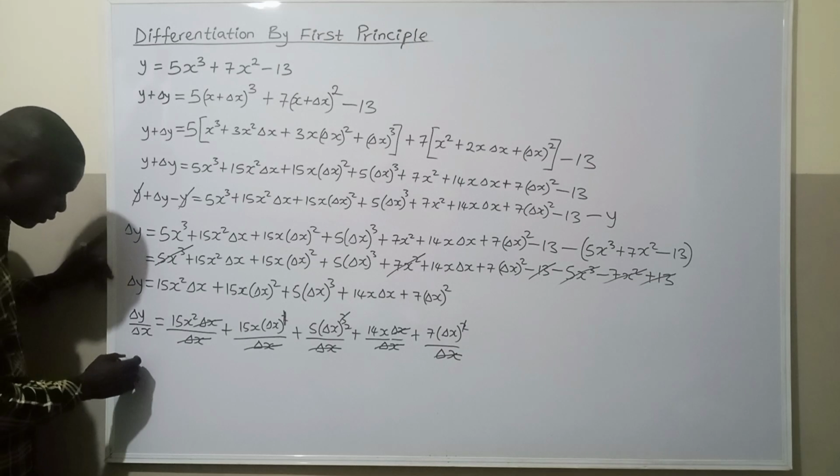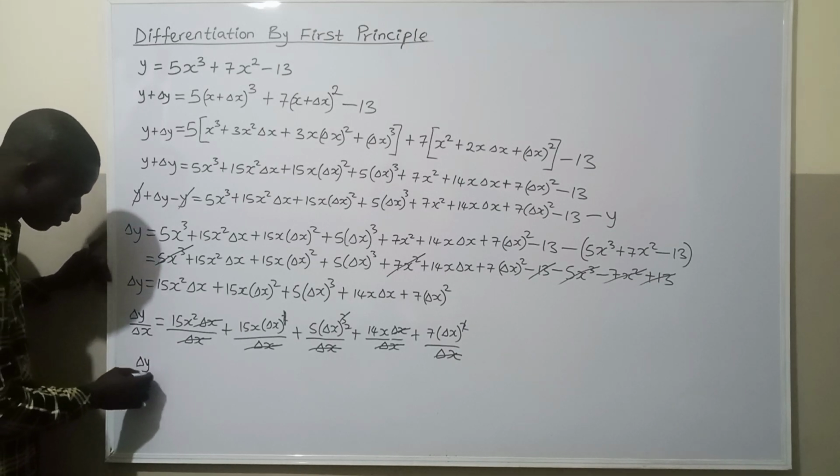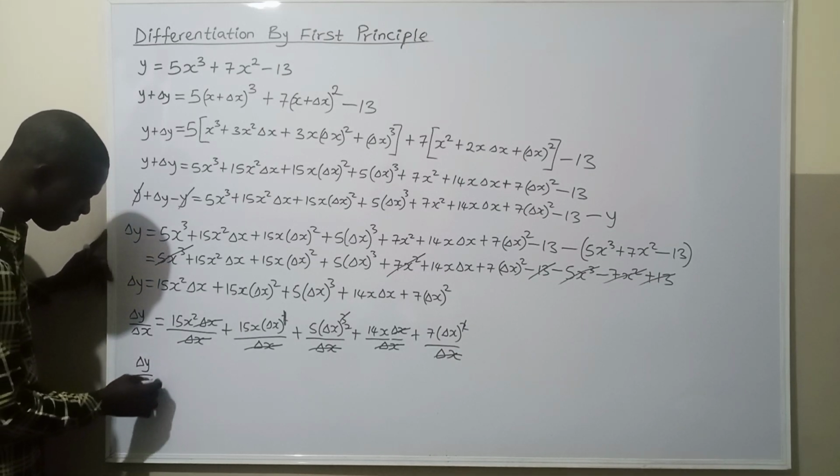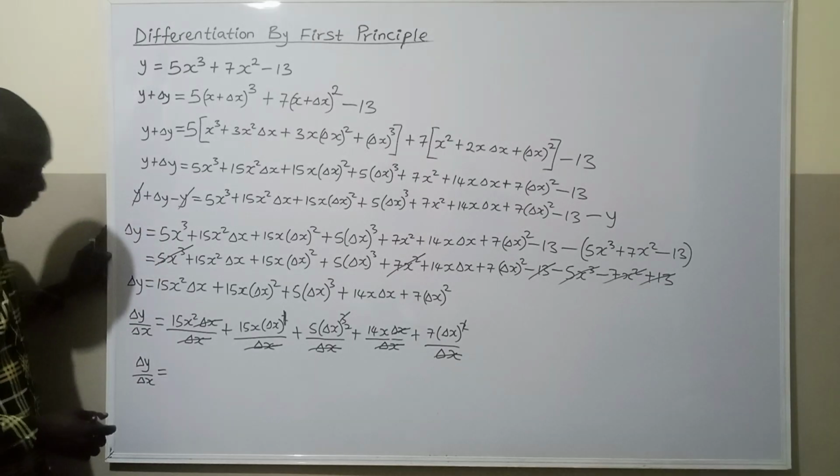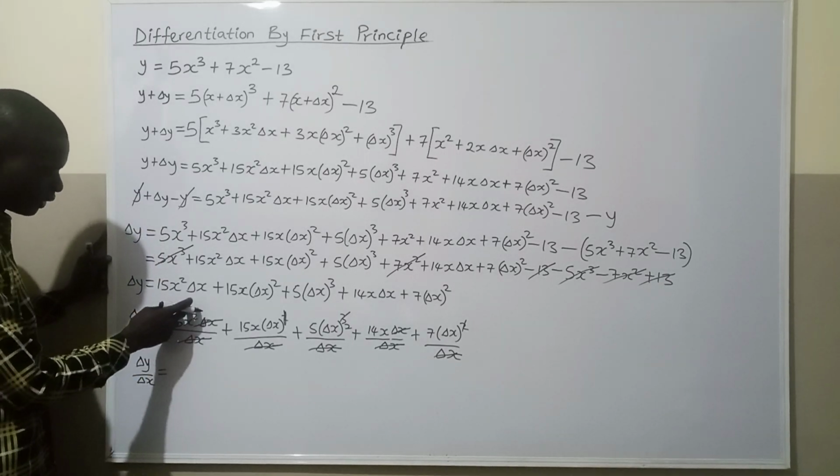So it means that delta y by delta x, after we have done all our cancellation and simplify, the next thing is 15x squared.